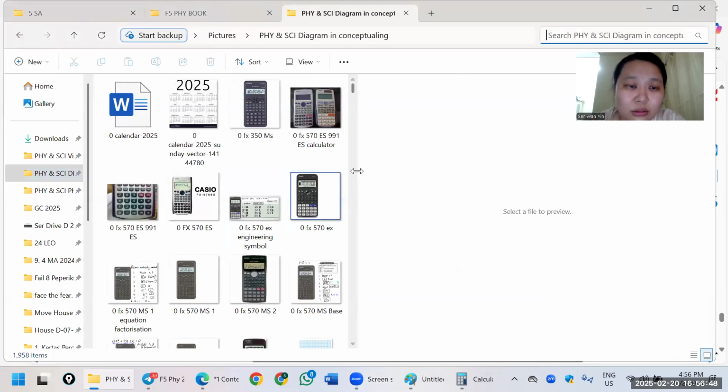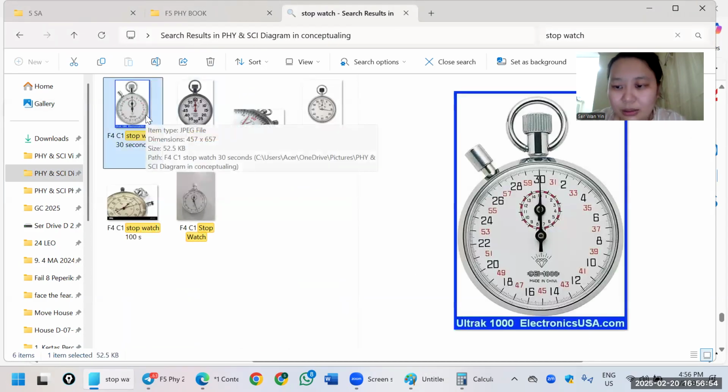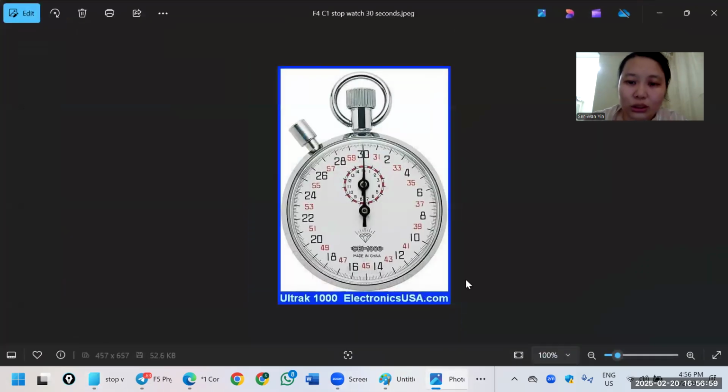Okay, so stopwatch. By the way, our school already bought a digital stopwatch because this mechanical stopwatch sometimes gets stuck. Okay, now can you please tell me what is the smallest scale?